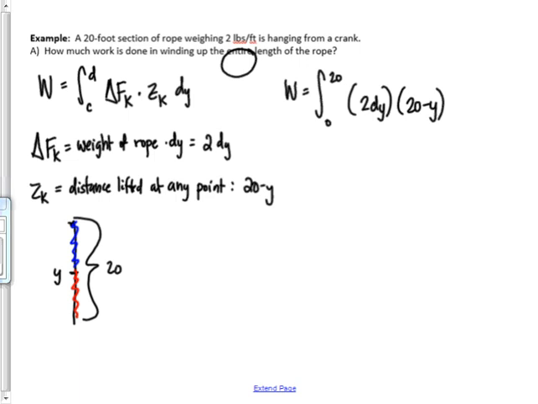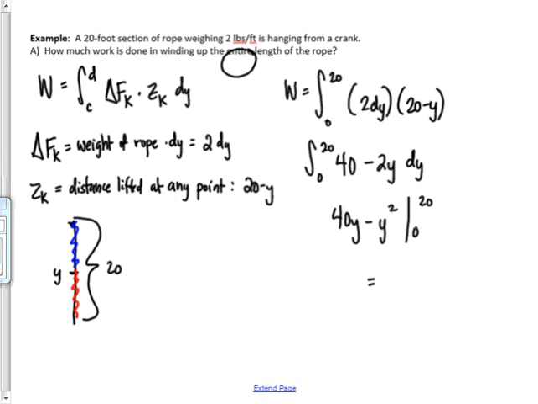If I distribute the 2 dy, I get 40 dy minus 2y dy, but we just put that one dy at the back, and it's understood it goes with both. If I integrate it, I get 40y minus y squared, going from 0 to 20. And if you plug that in, you get that the work needed is 400 foot-pounds.